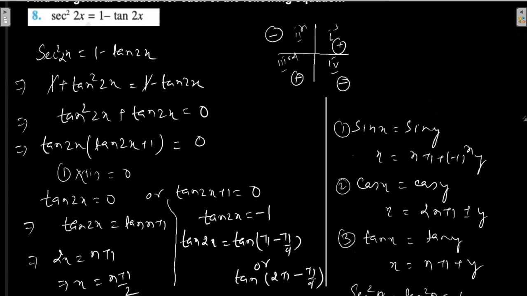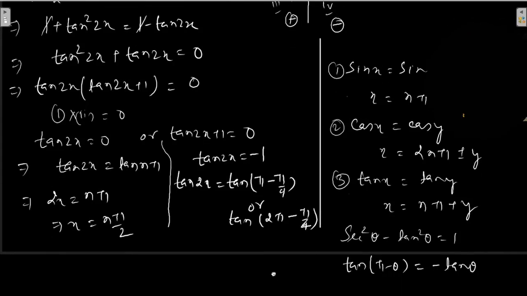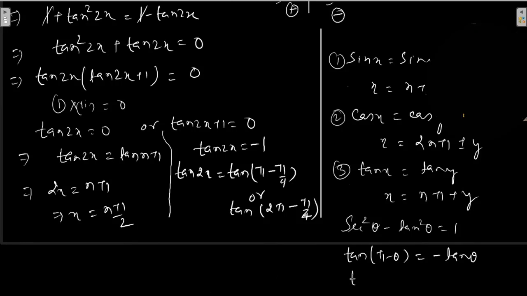So what I've done over here is, I as well know this part, right? Tan of pi minus theta is minus of tan theta, and I as well know this tan of 2 pi minus theta is gonna be minus of tan theta.